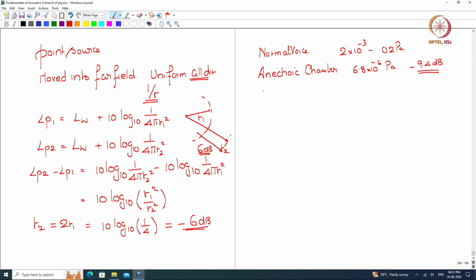Let us say you are in traffic on some busy day, at a distance of 10 meters away. The pressure you could experience is about 0.6 pascals, which could be about 90 dB.